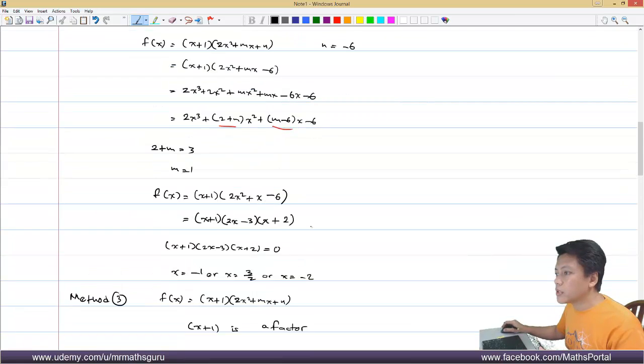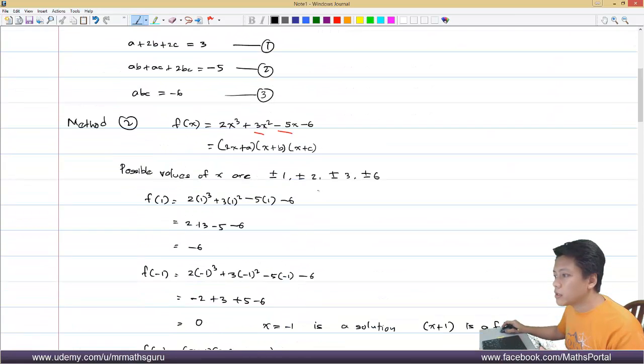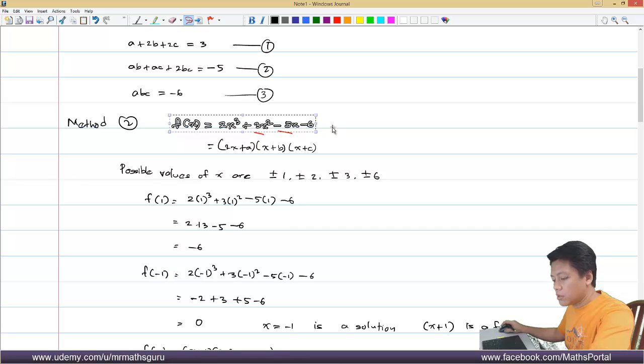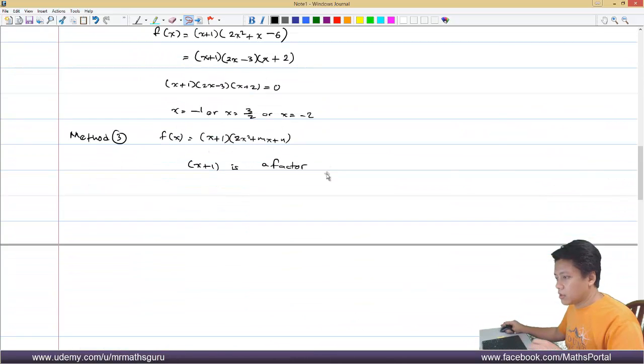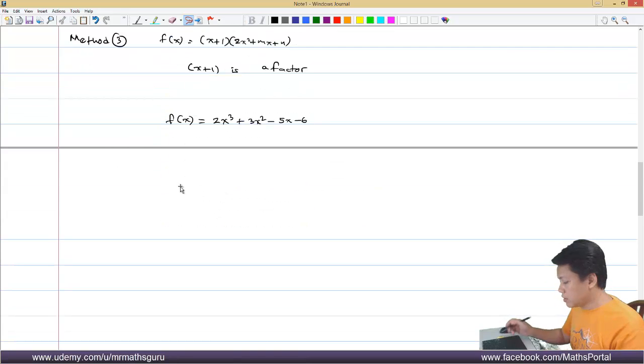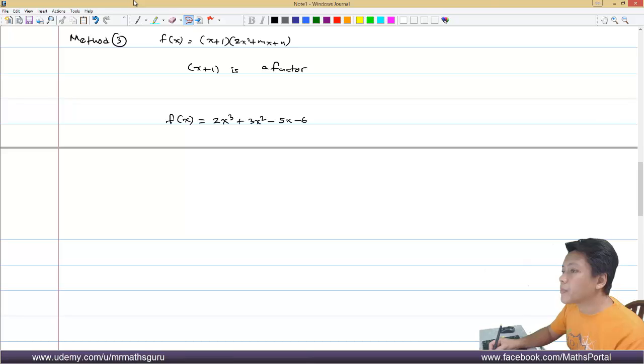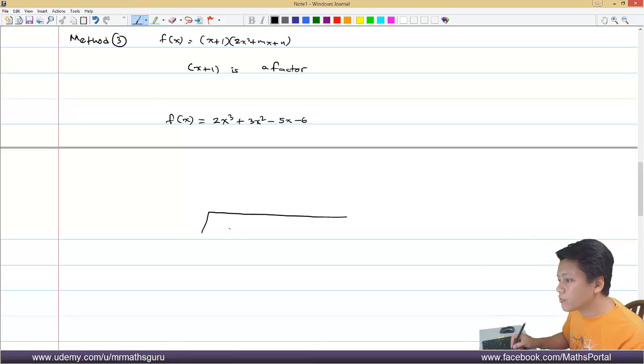So what I'm going to do is to take back the original expression, this one. I'm going to need this as well. Put it here so that we can perform division: 2x cubed plus 3x squared minus 5x minus 6 divided by x plus 1.